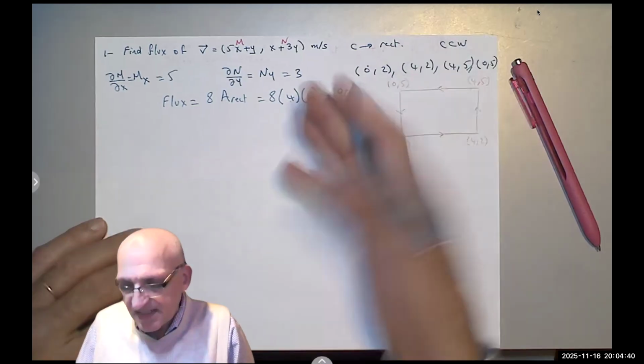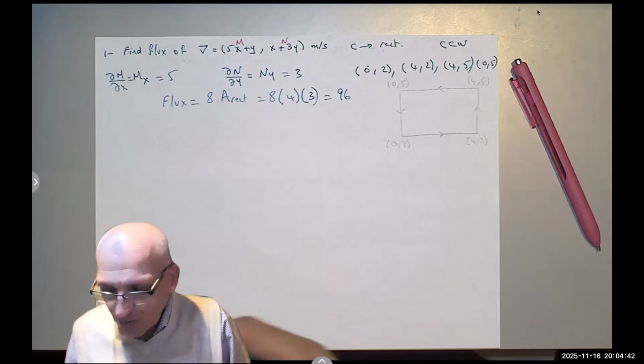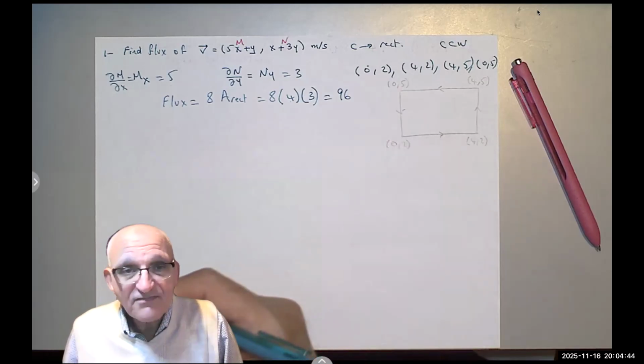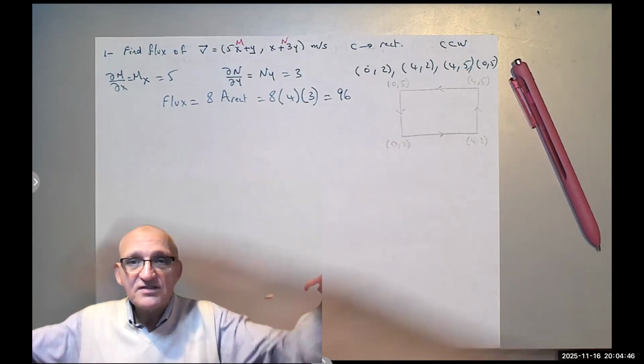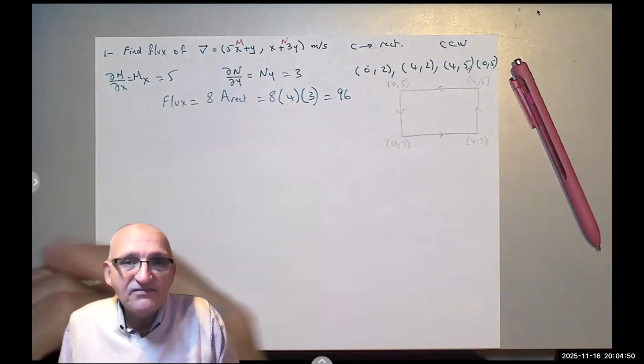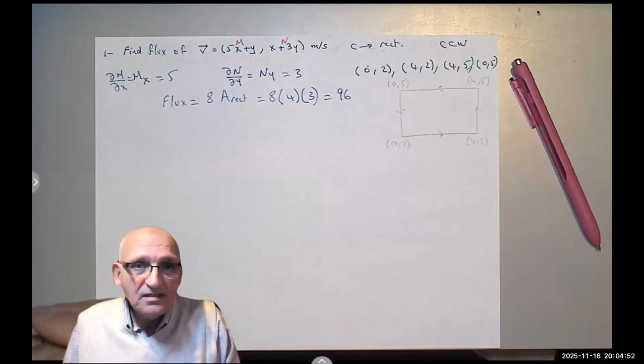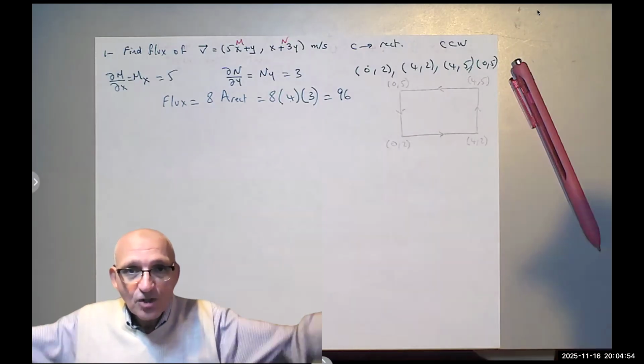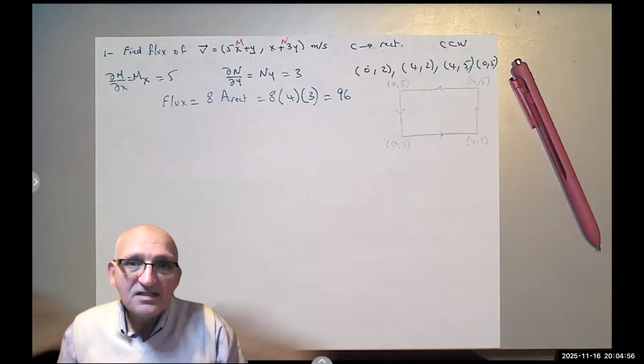This is meter per second, so that would be a square meter per second. That's the flux. That's the amount of water that is leaving that rectangle if that's the velocity vector. Okay? Leaving meaning positive. Going into means negative.